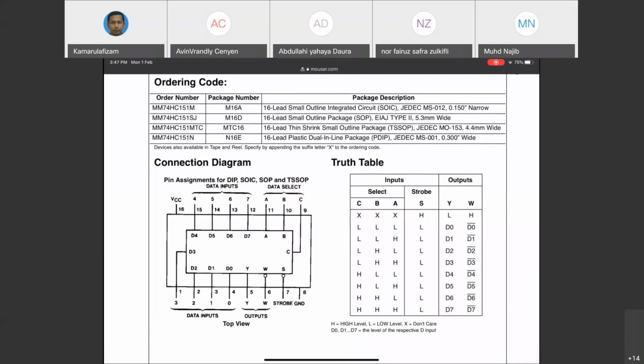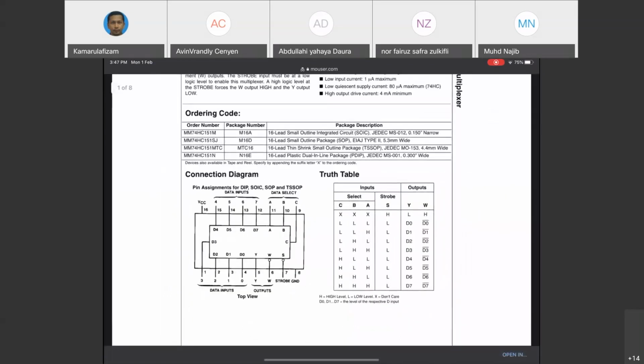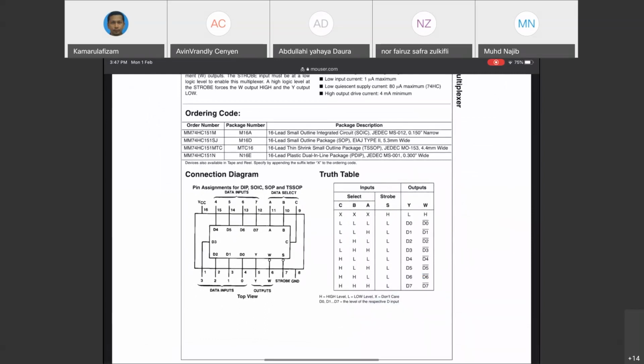So logic 1 will basically be passed to the output of the chip, and then if you change the selection logic of the ABC again, you will select channel D1. Whatever logic is at channel D1 will be passed through to this Y output.